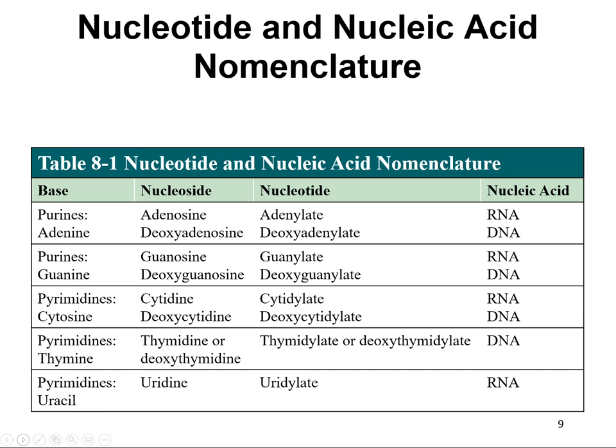This table gives you some help with nomenclature. So if we're talking about purines, we've got adenine and guanine. The nucleoside for RNA is adenosine. For DNA, it's deoxyadenosine. So that 2' hydroxyl group is gone.